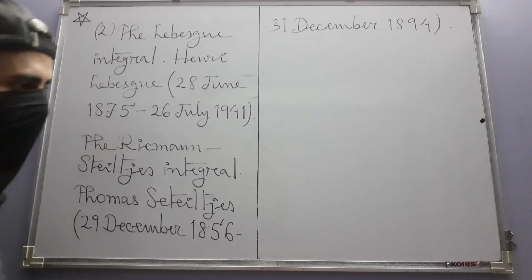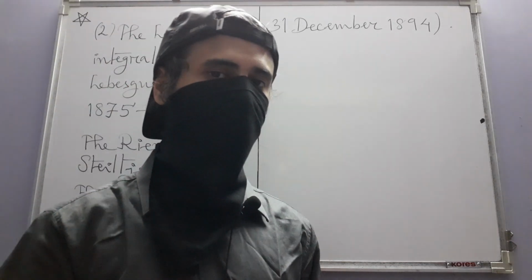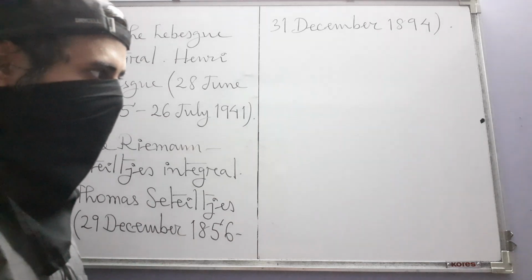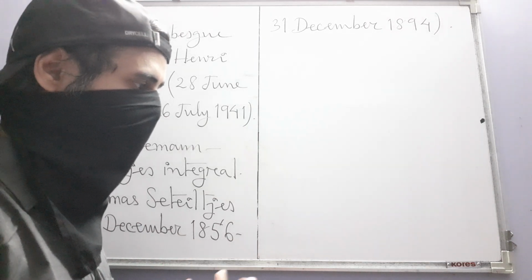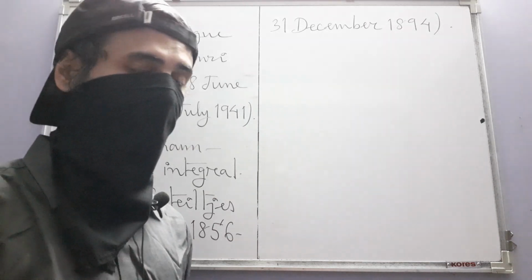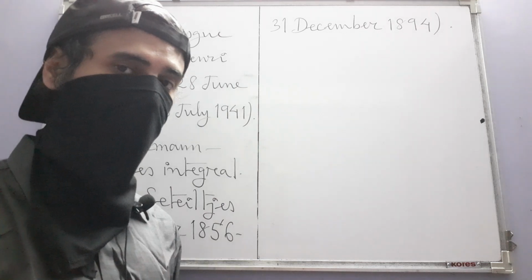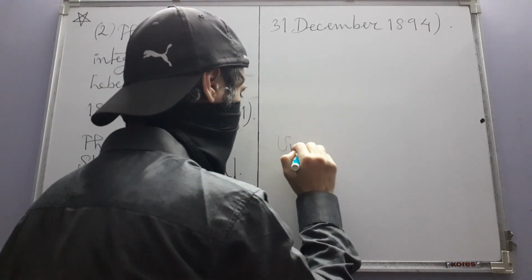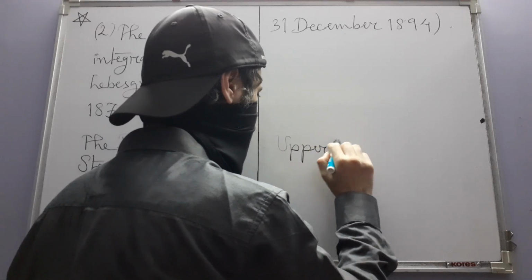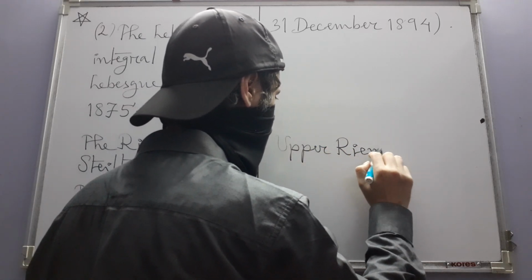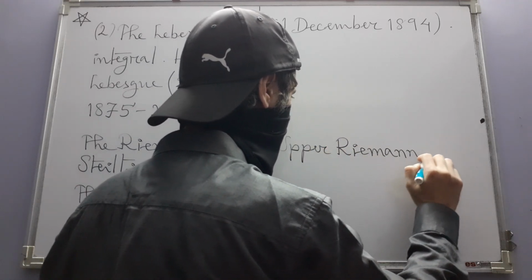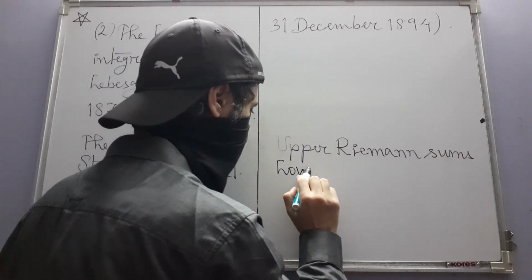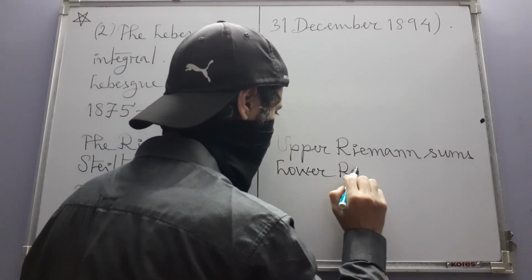Now, how exactly are we going to introduce the Riemann integral? It is usually introduced using the notions of upper and lower Riemann sums. Upper Riemann sums and lower Riemann sums.